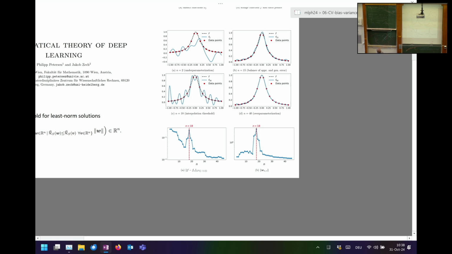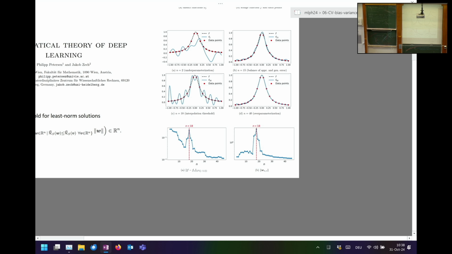So what this experiment here argues is that picking a solution with a small parameter vector, if we have infinitely many solutions available, is maybe a decent strategy.